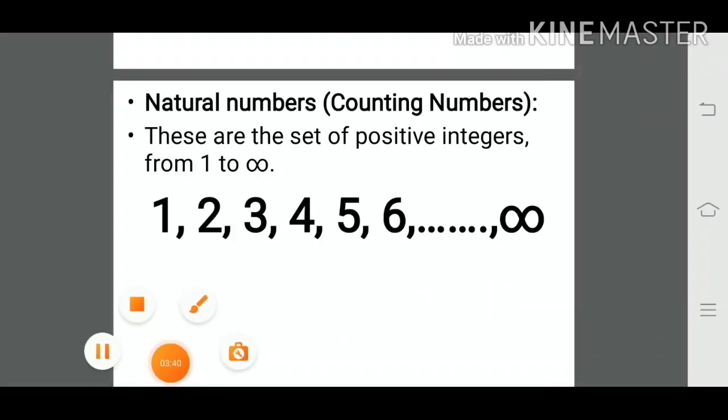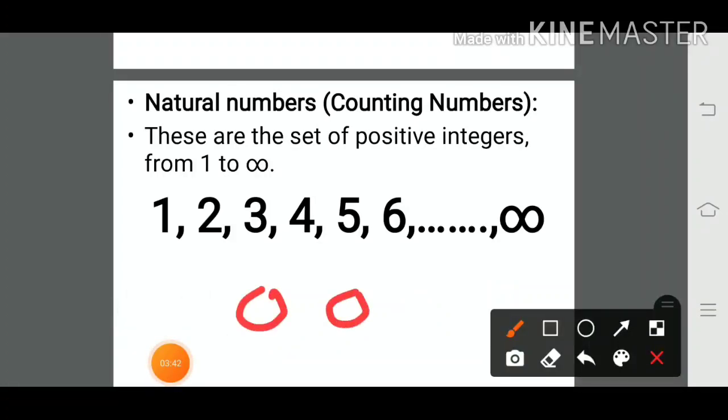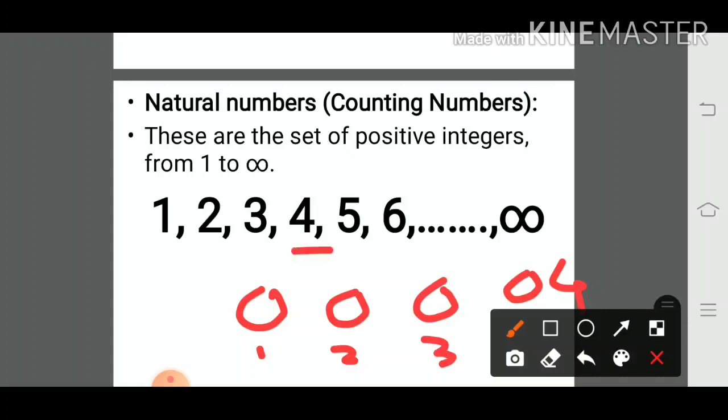If I ask how many balls are there, you start counting 1, 2, 3 and 4. So your answer is 4 balls. Here 4 is a natural number, therefore natural numbers are used for counting, so these are called counting numbers.